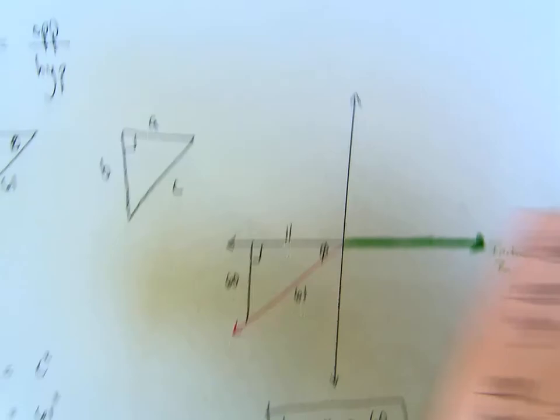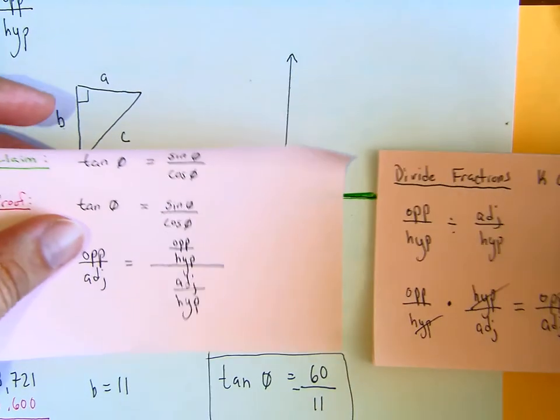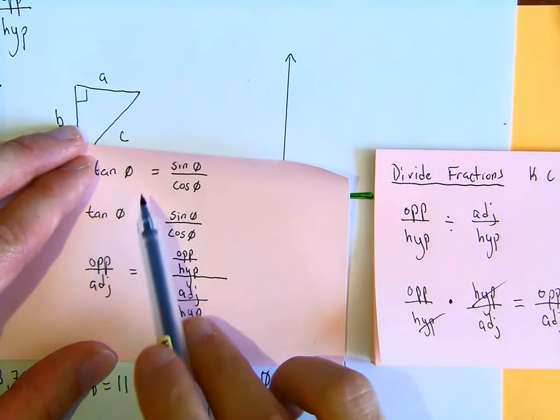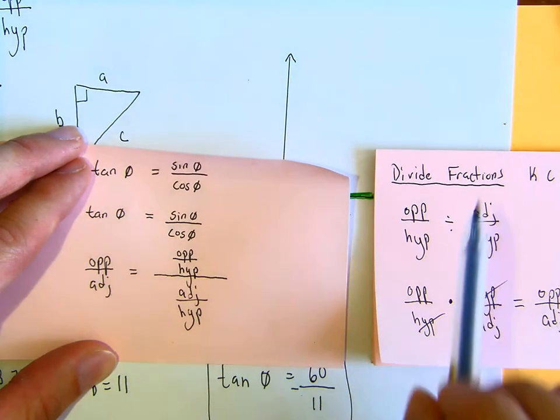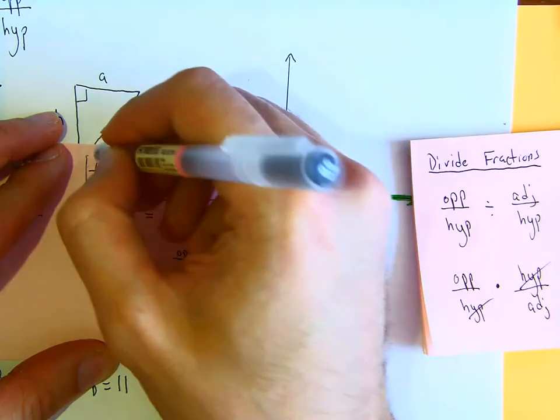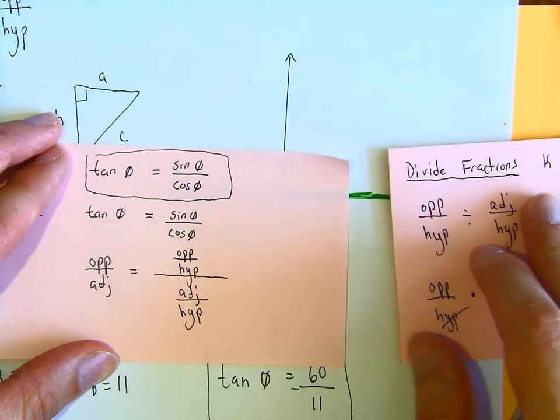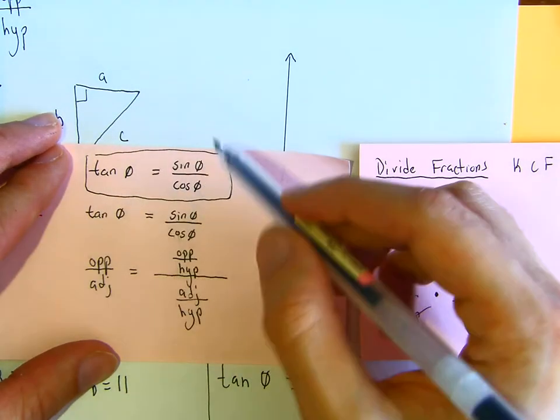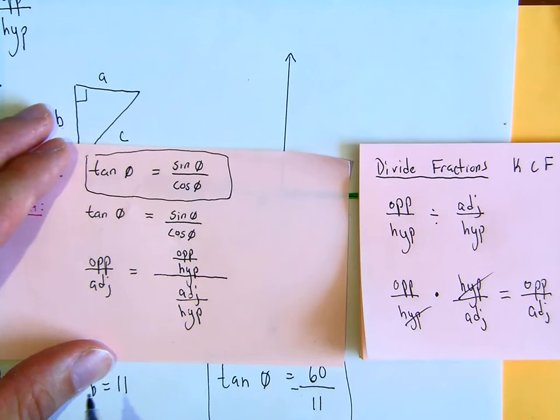If you felt like you didn't fully understand how this proof worked, we could go over it in class together, but just accept it, right? It is what it is. Tangent theta is sine of theta over cosine theta, okay?